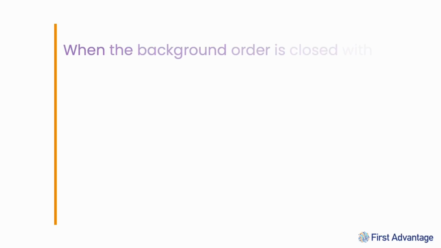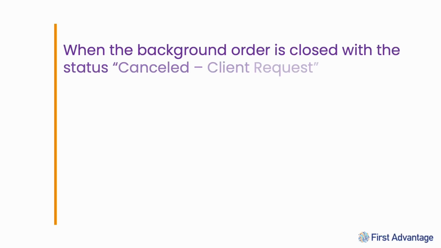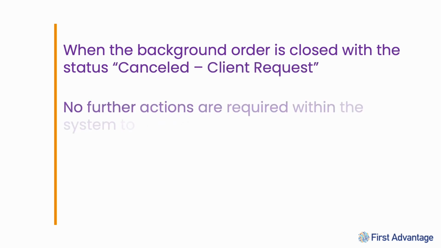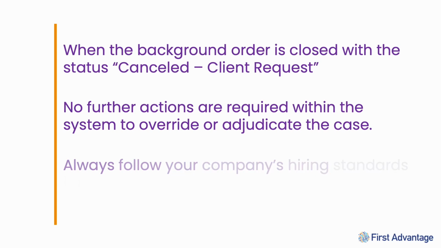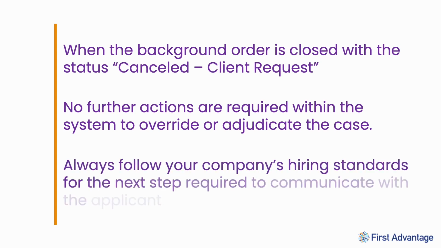When the background order is closed with the status Canceled Client Request, no further actions are required within the system to override or adjudicate the case. Always follow your company's hiring standards for the next steps required to communicate with the applicant.